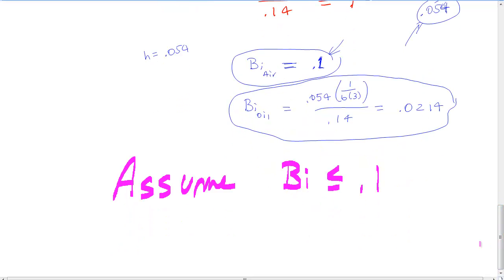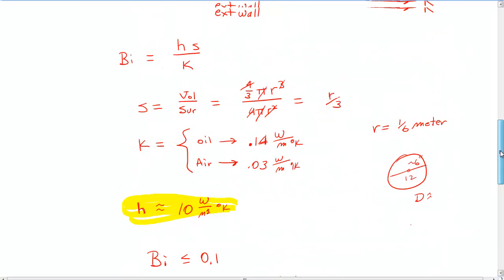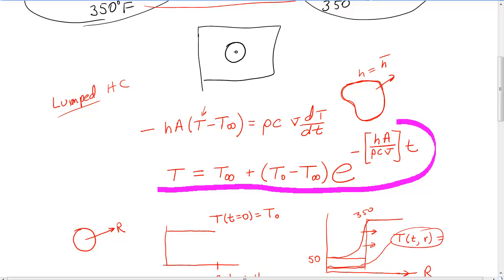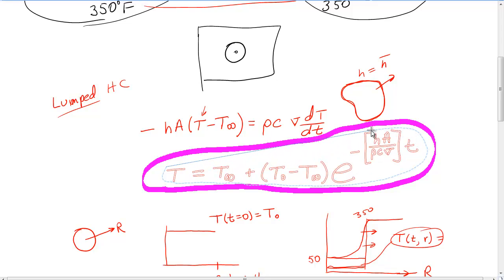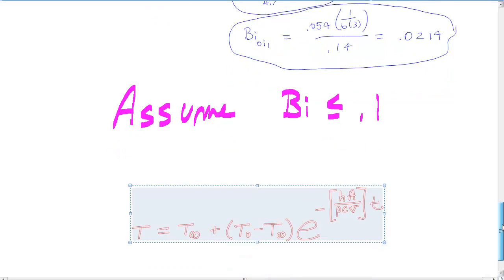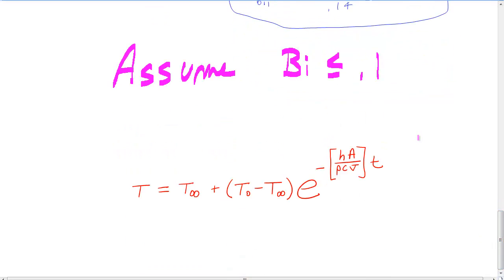If that's the case, then this equation up here becomes valid, and we're going to purely operate over that for right now. I'm going to copy it and run all the way down to here and paste it. This is the assumption we're going to use.